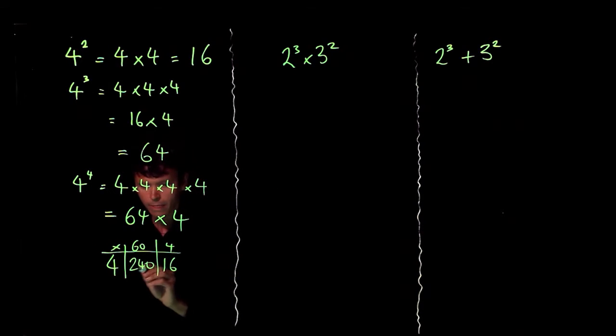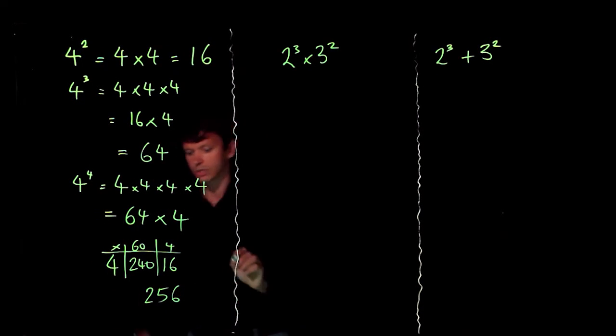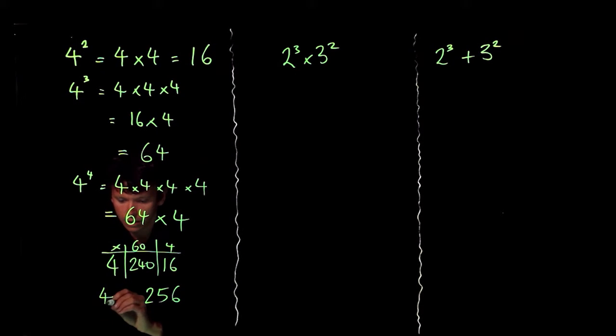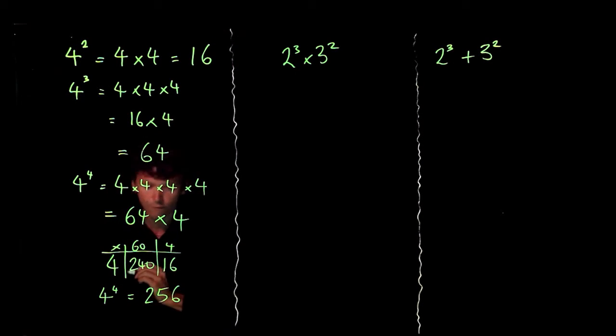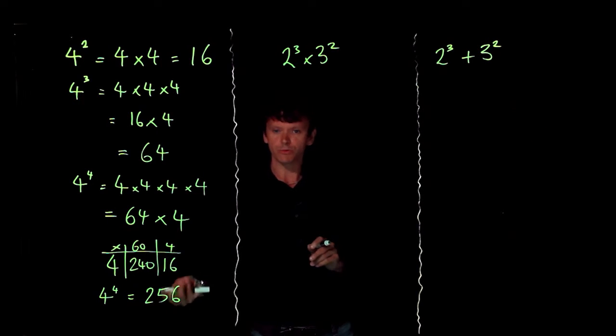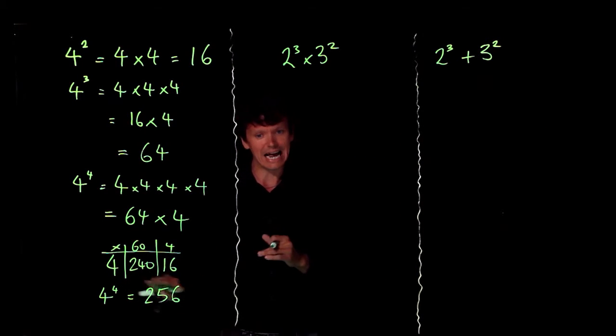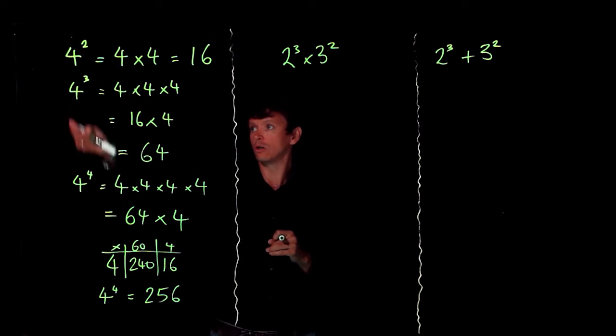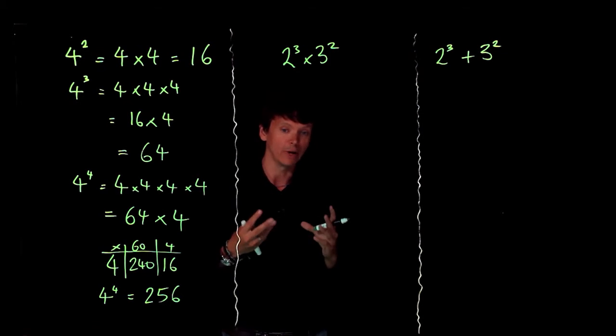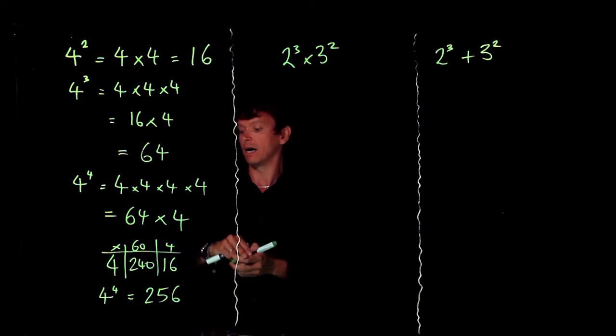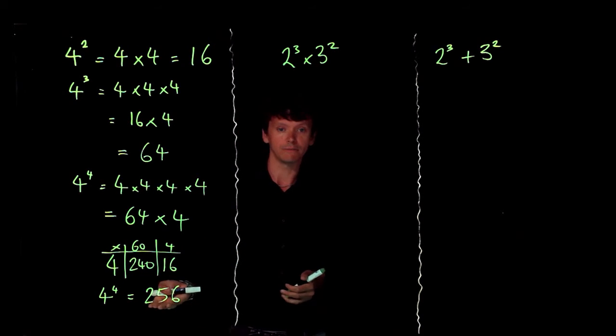Add our numbers up. 256, which of course is what we were working out before, was 4 to the power of 4. So what we've done there is we've worked it out. What you'd probably see in an exam, the term would be evaluate. You'd be given something like 4 to the 4, 4 to the 3, and you'd be asked to evaluate that number. And all that means is work it out, just what I've done here.